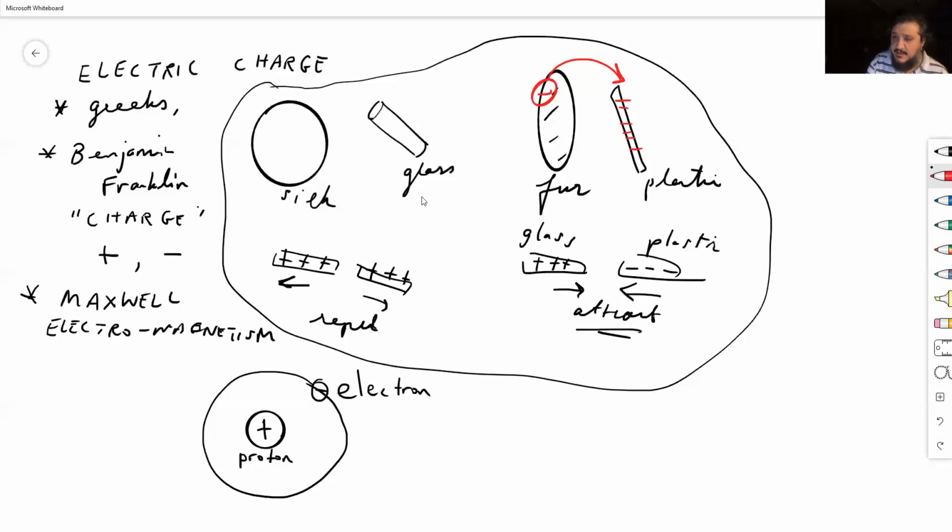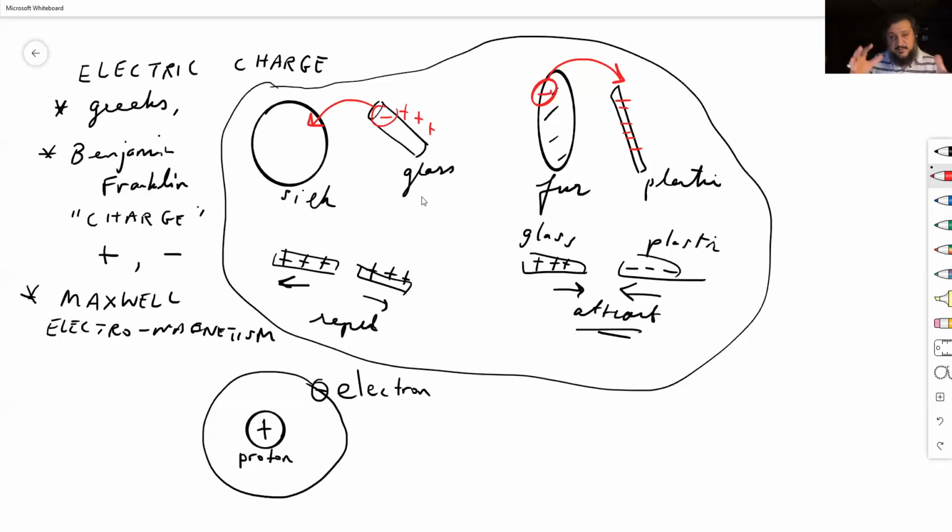In the case of the glass, you will have the electrons, there's some yellow, jumping to silk and leaving this positively charged. So that's the modern understanding of why we have charged objects. The same thing happens with clouds during a storm.